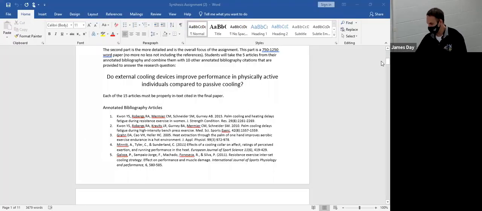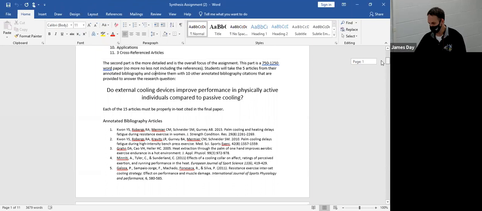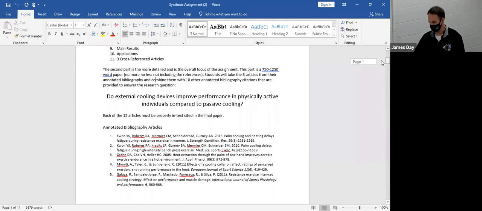The second part of the assignment is a paper. But this, I promise, will be unlike any paper you've ever written. The hardest part about this paper will be getting it down to the word requirement.